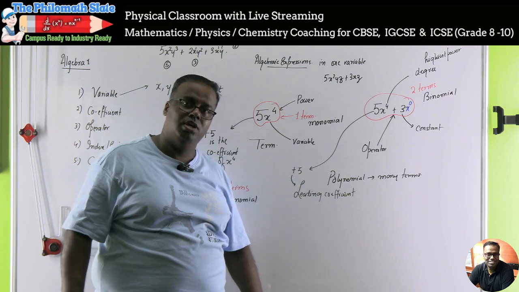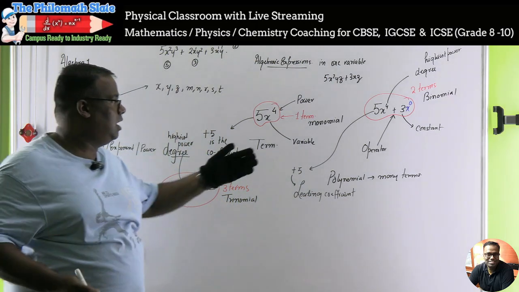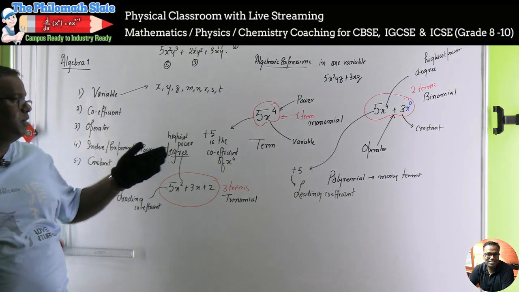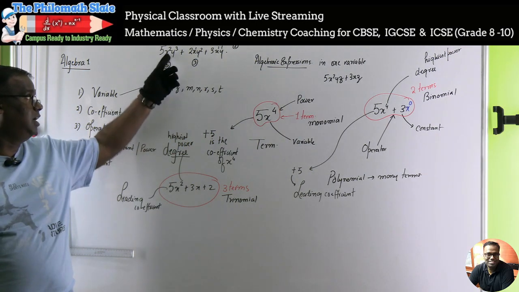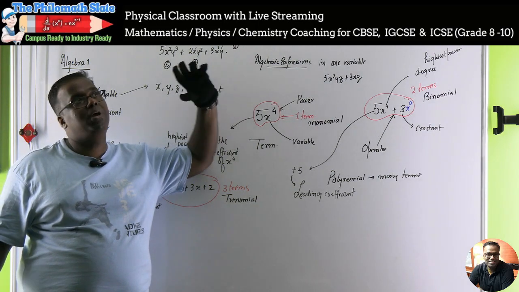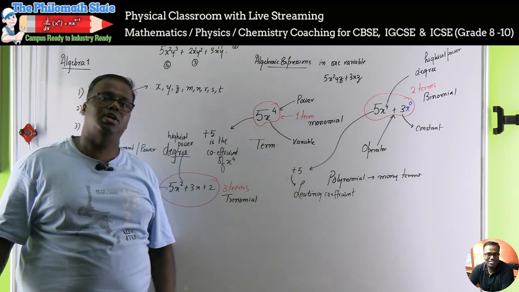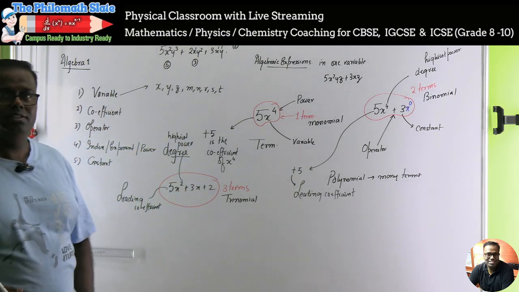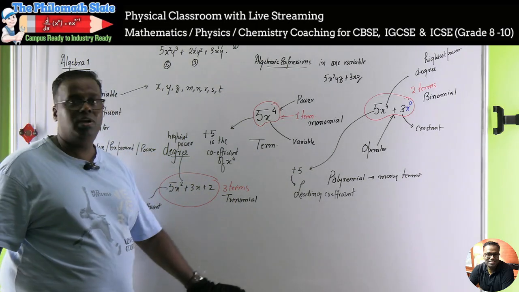Have you understood? If you have more than one variable, then we don't find the degree just by looking at the power, we add the powers in each term. And the maximum sum will be known as your degree. Clear? Are we fine? Any query further?